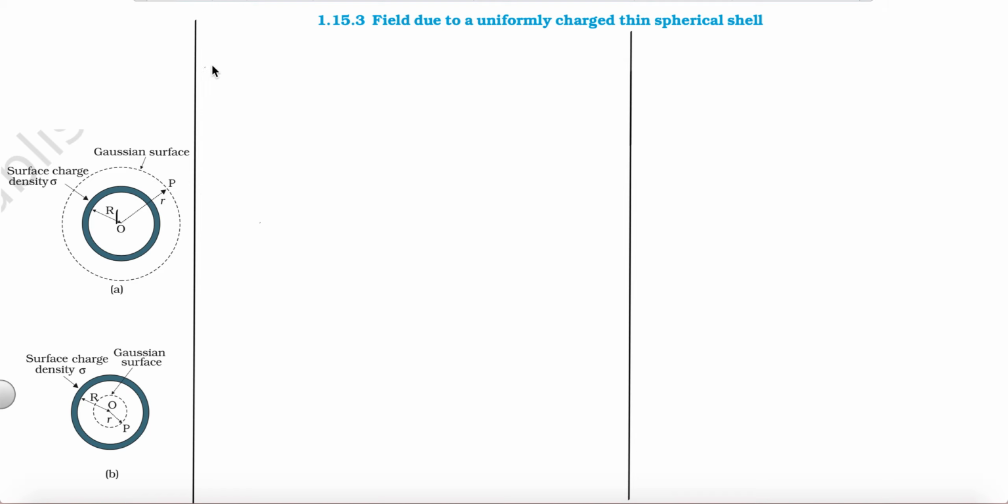So we will now go for another application of Gauss law to find the electric field due to a uniformly charged thin spherical shell, as mentioned above.